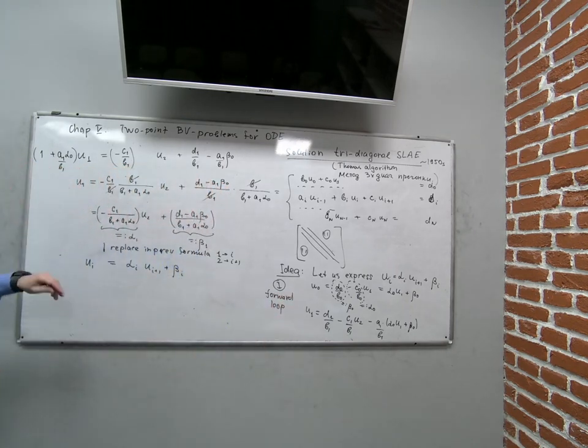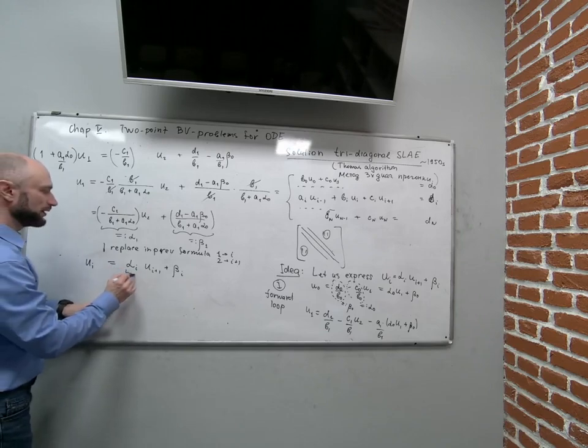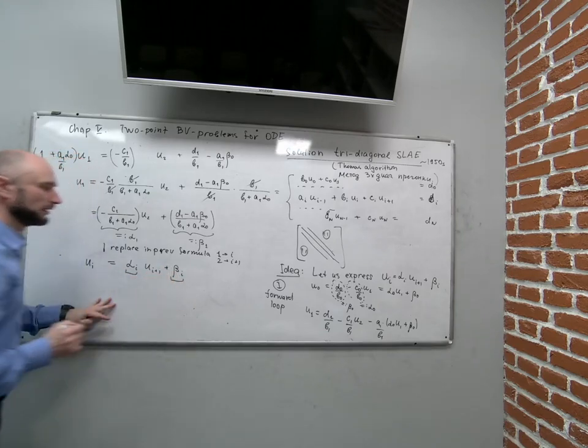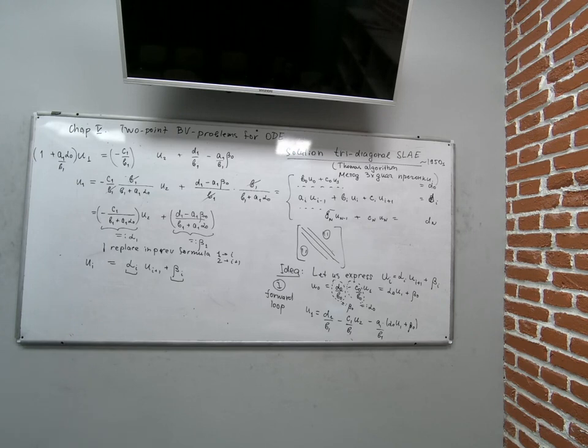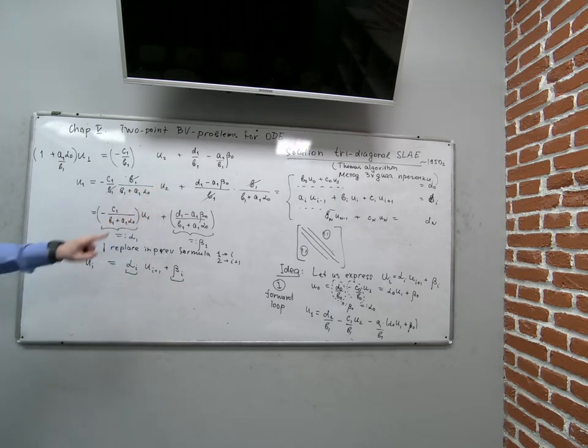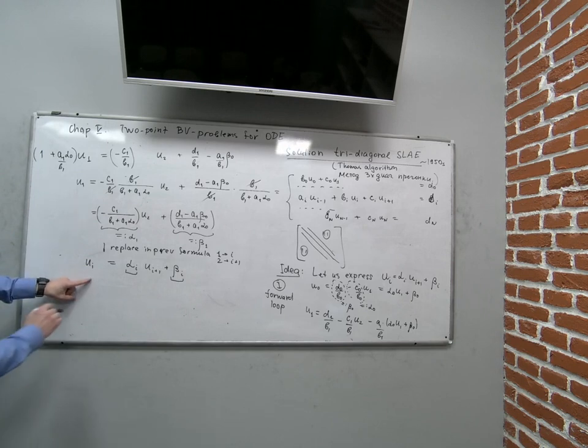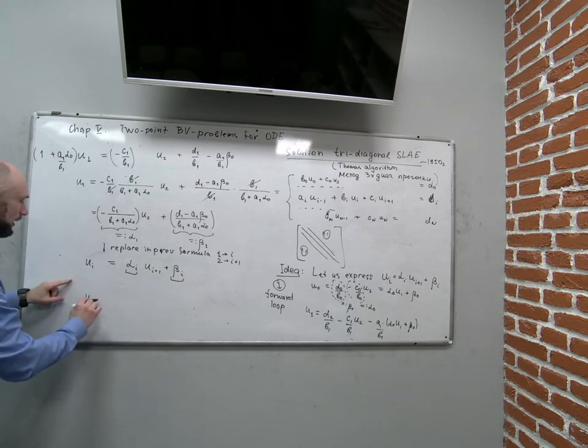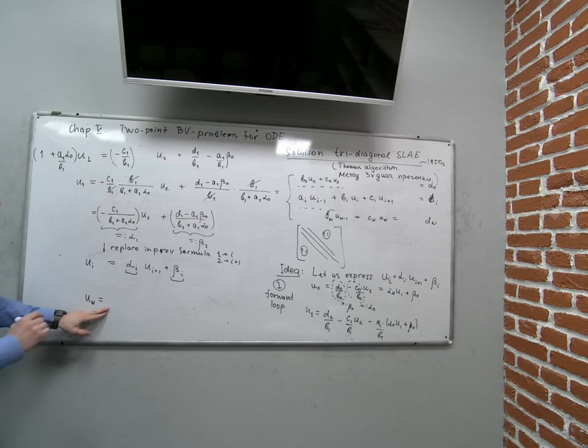The goal of this forward loop is to form two sets of coefficients, the set of coefficients alpha I and the set of coefficients beta I, from 0 to n.